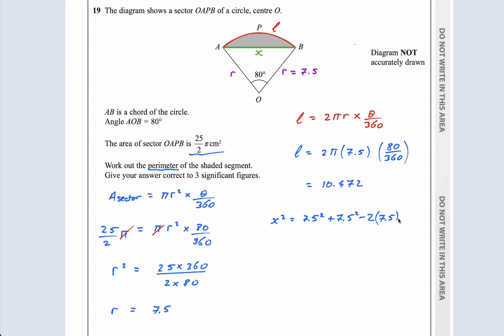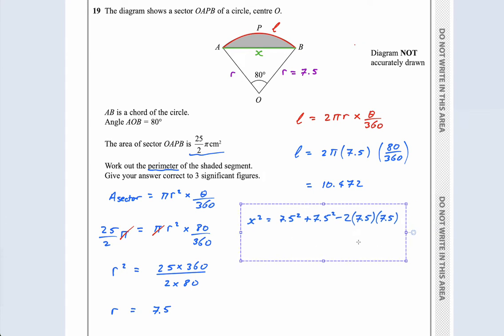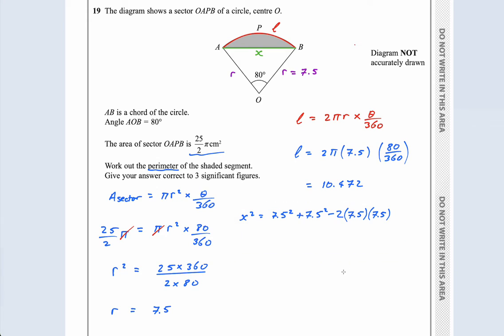Well, let's just write it in properly, times 7.5, times cosine 80.